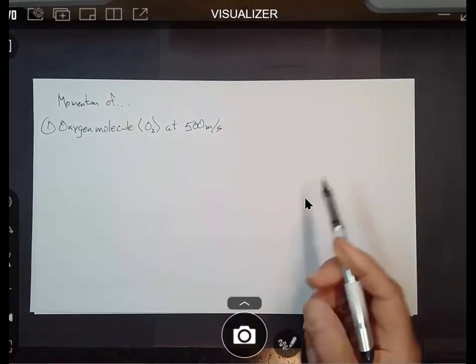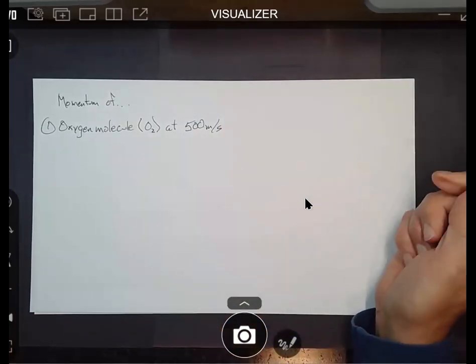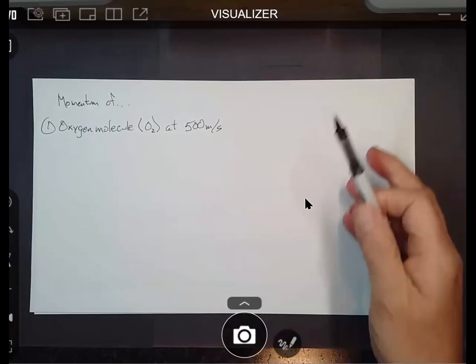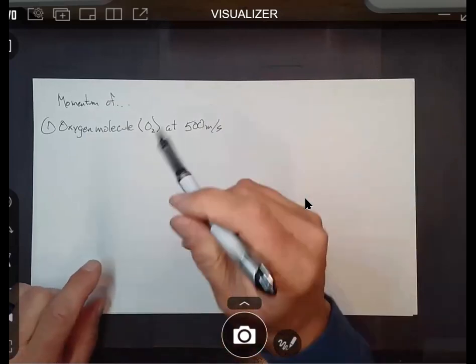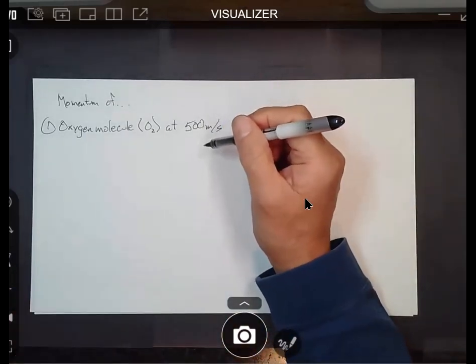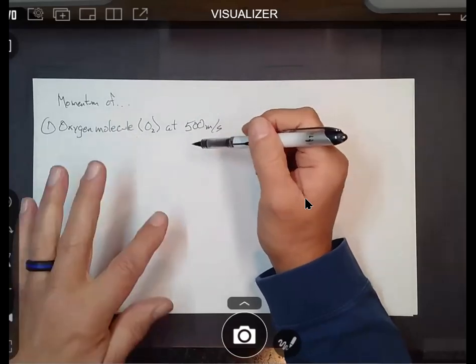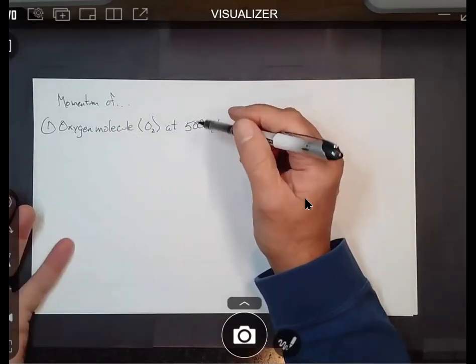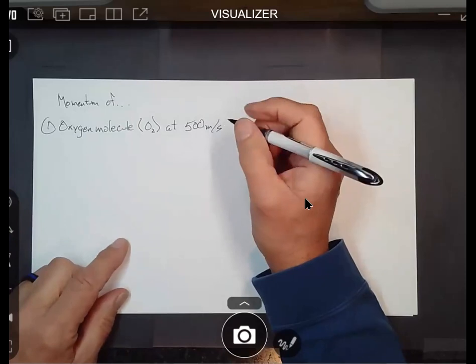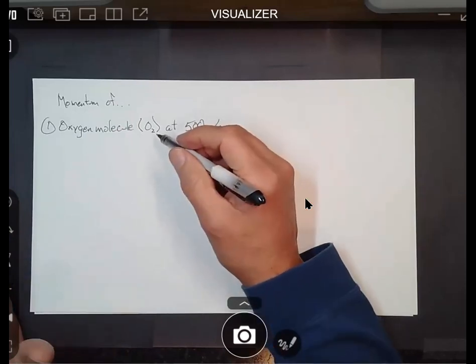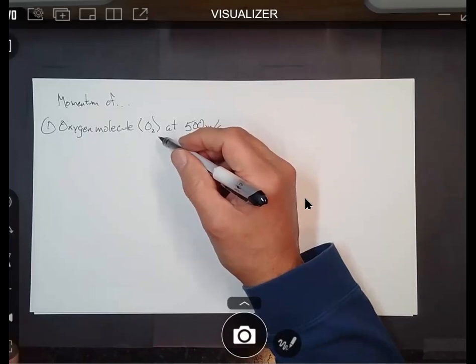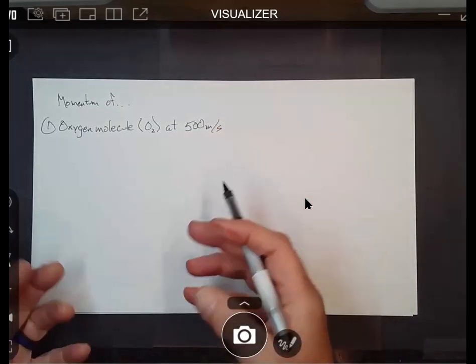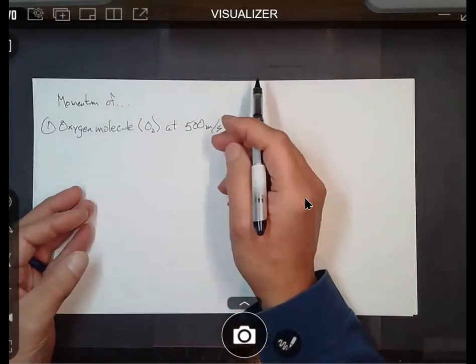The air in a room has oxygen molecules, nitrogen molecules, water vapor molecules, all kinds of stuff like that. But there are a bunch of different ways we can make an oxygen molecule. If it's typical oxygen, it's oxygen 16, an atom that has 8 protons and 8 neutrons.